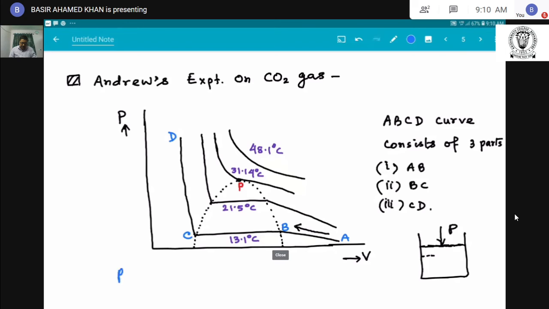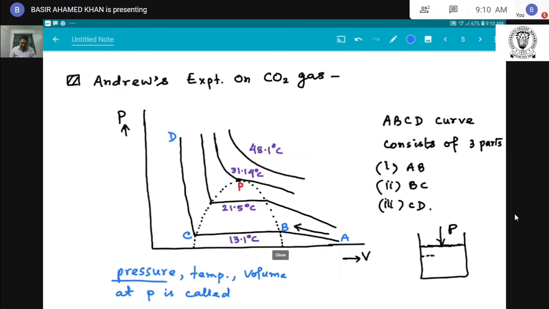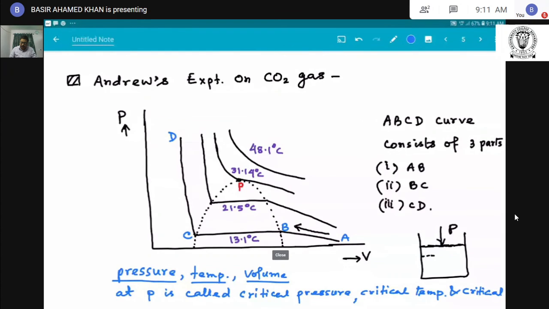The pressure, temperature and volume at P are called the critical pressure, critical temperature and critical volume.